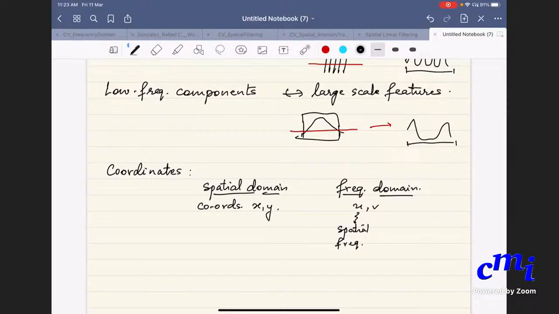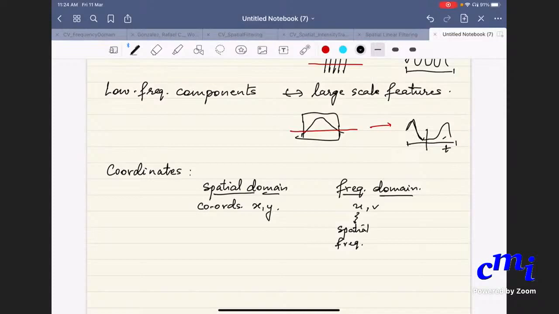What does this mean? This means cycles per unit. Say your independent variable is t, suppose it is time, and you are counting how many peaks there are in this intensity profile. Then the spatial frequency, that variable, will be measured as cycles per unit of t, that is, how many times this cycle is repeating. If you look at something like this cycle, how many times does this shape repeat?